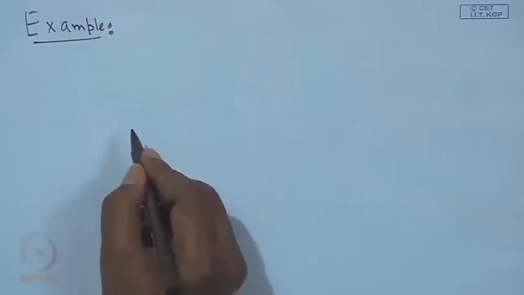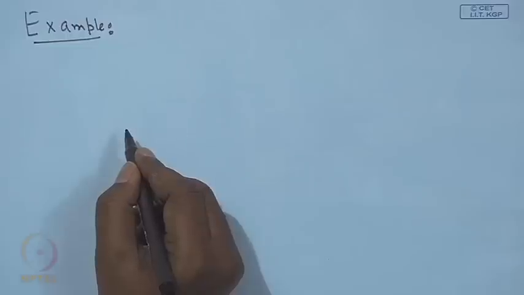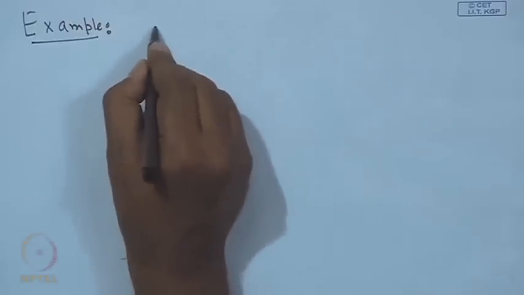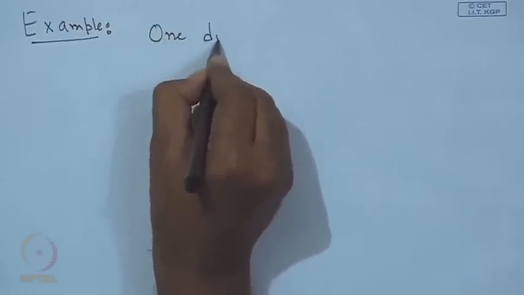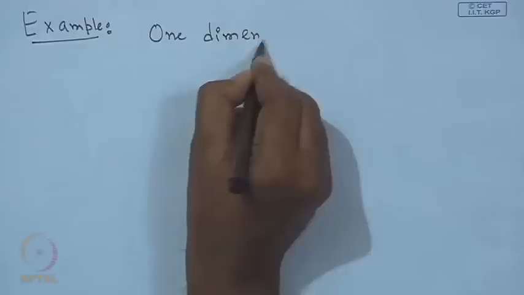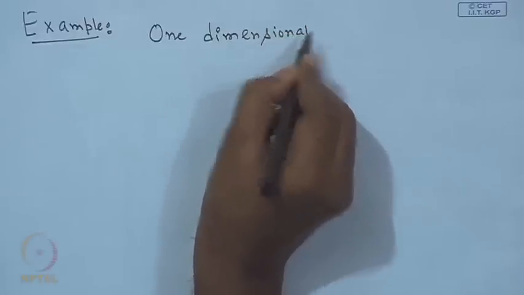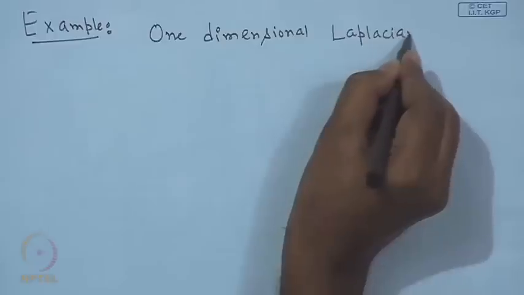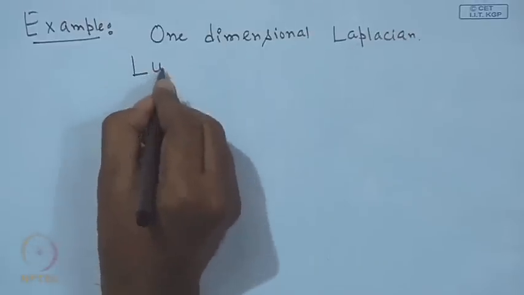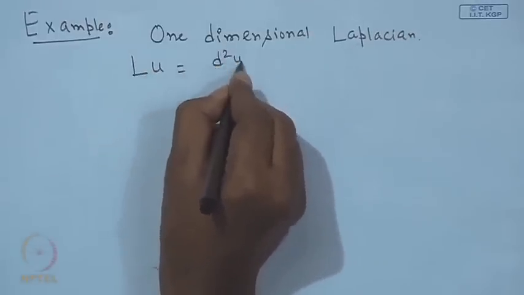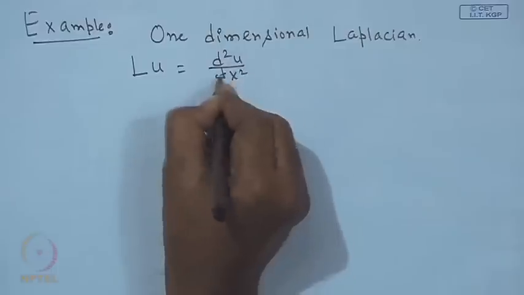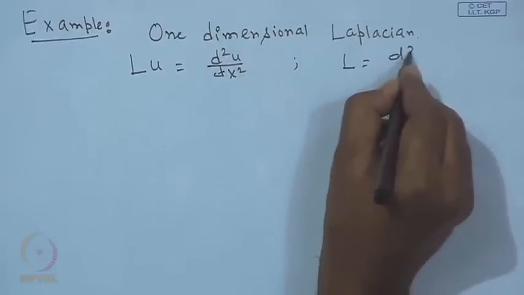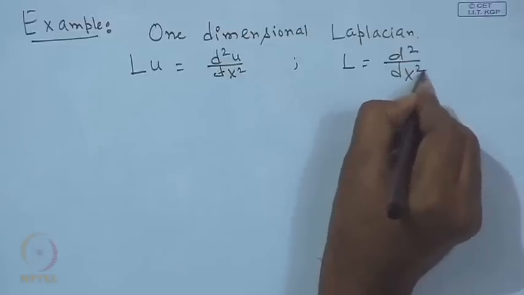we take a simple example, a one dimensional Laplacian. For example, L u is equal to d square u dx square. So, my operator L is the one dimensional Laplacian, d square dx square.